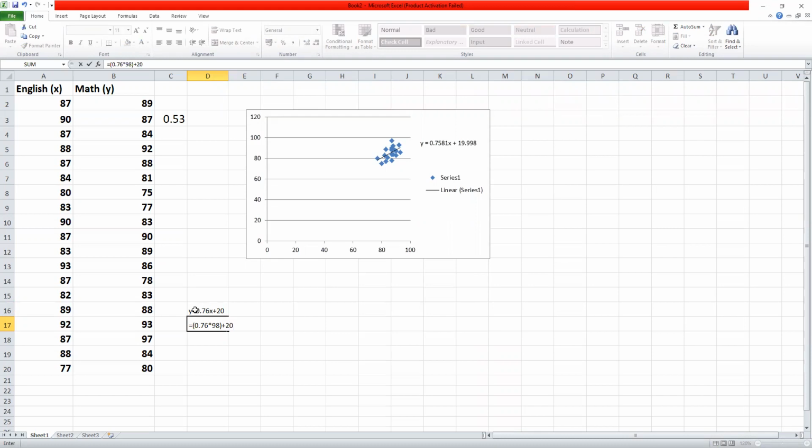Remember that we are just using this linear regression equation. And there, 94.98. So this is saying that if the English grade is 98, then the math grade will probably be 94.98. All right, so that is the use of linear regression equation.